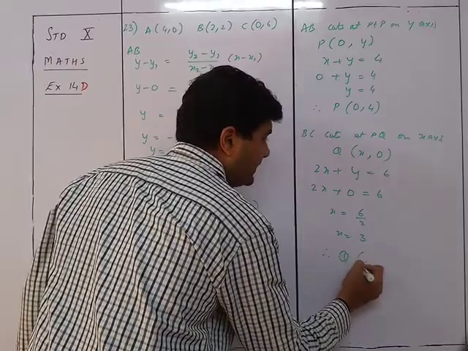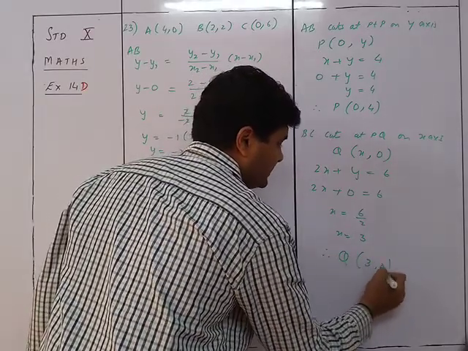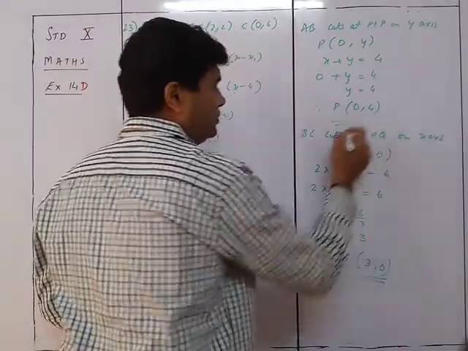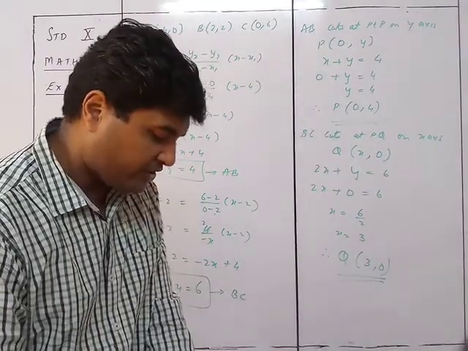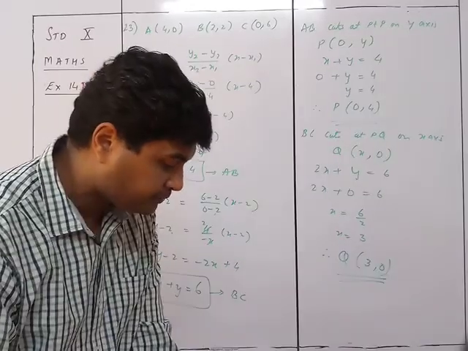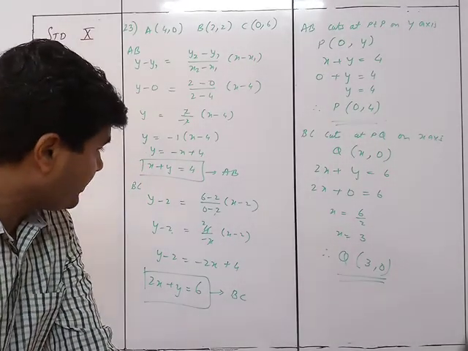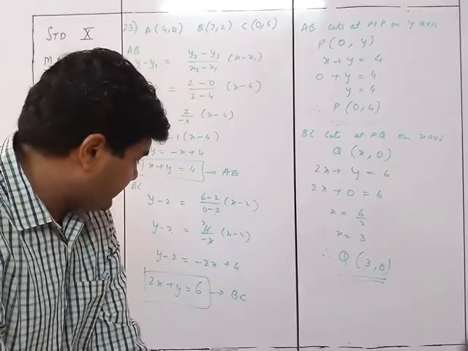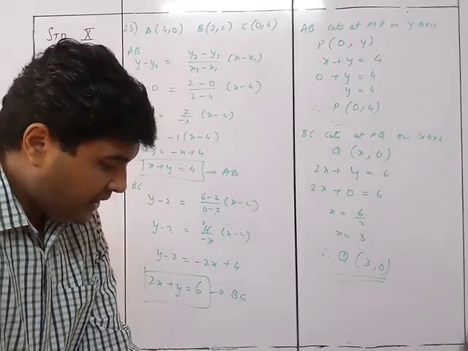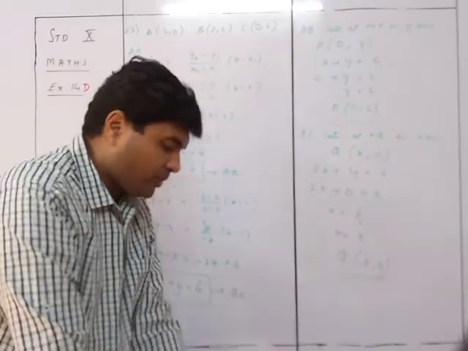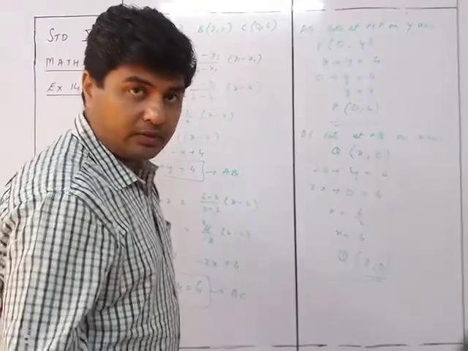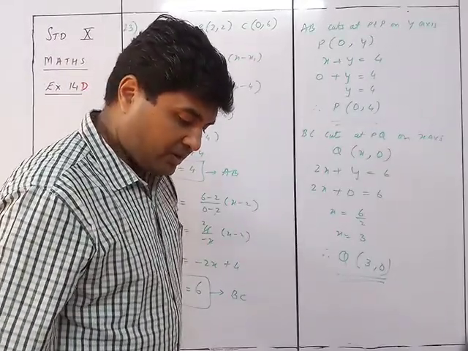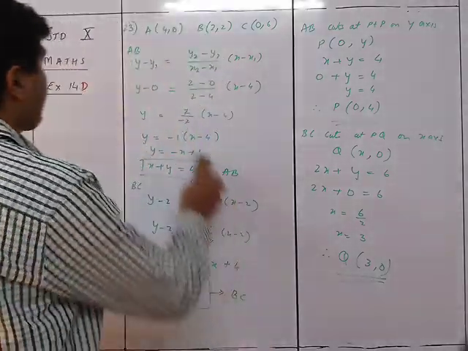Therefore, Q is 3 comma 0. So that's the two values. P is 0 comma 4, Q is 3 comma 0, and the two equations were also there. So sum number 23: equation AB is x plus y is equal to 4, equation BC is 2x plus y is equal to 6, and the value of P is 0 comma 4 and the value of Q is 3 comma 0. Easy. We move on to the last sum, 25.